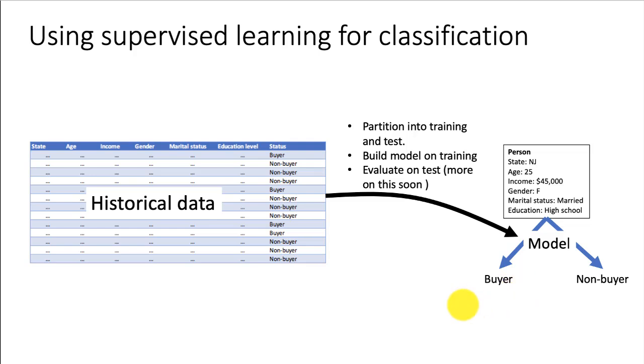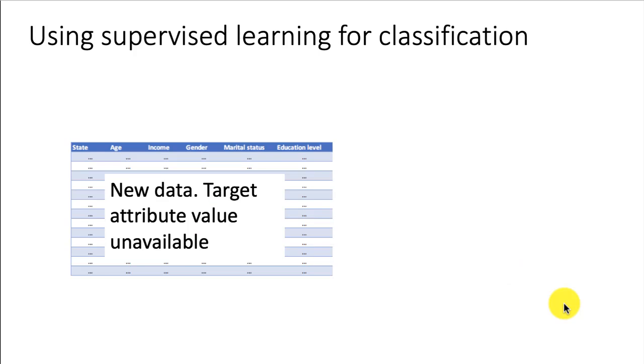To make things even more clear, typically we won't be forecasting just for a single case. More often, you've got a whole data set with the predictor attribute values known, but the target attribute values are not known because this is completely new data. So for example, let's say you've got a company who's trying to sell some product.